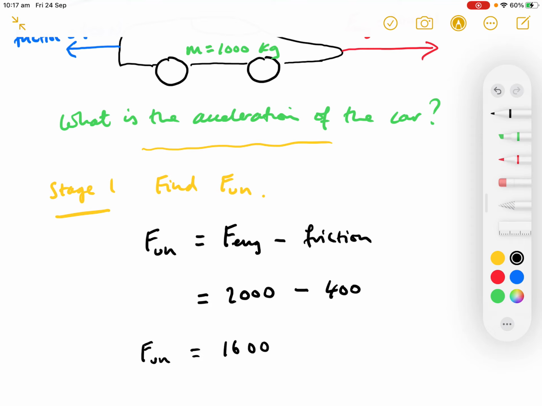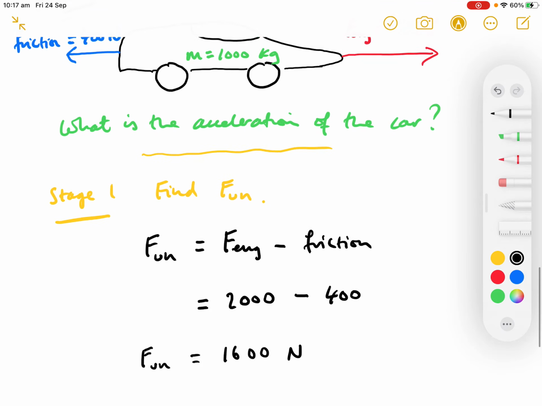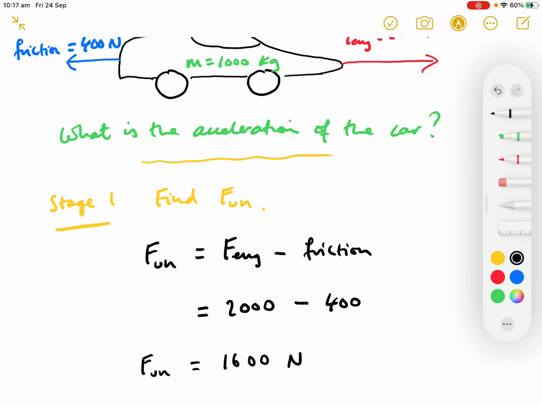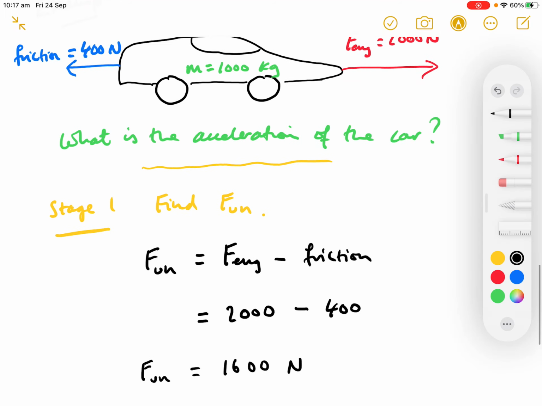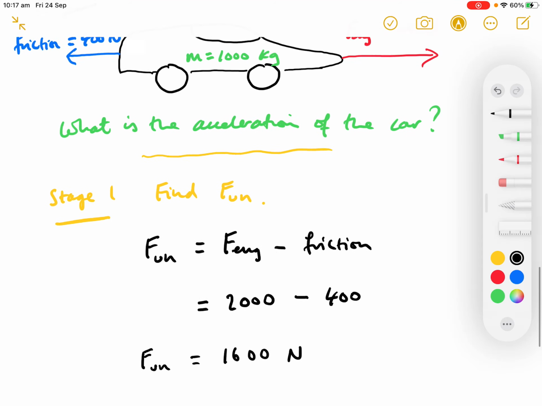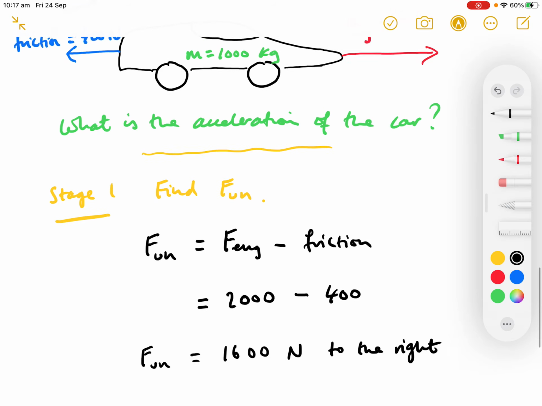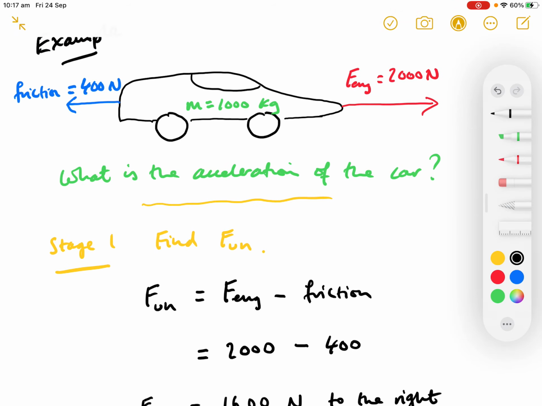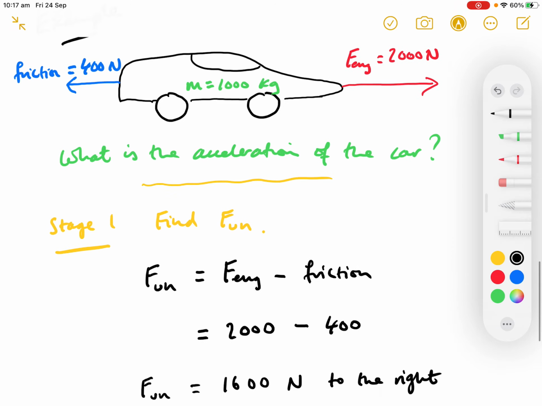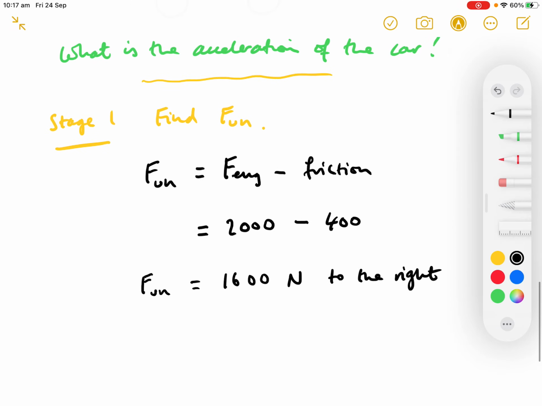Well, that's 1,600 newtons. Just because I'm not using the sign convention doesn't mean directions aren't important. I use my knowledge of the context to decide on the direction, and the diagram tells me it's to the right.